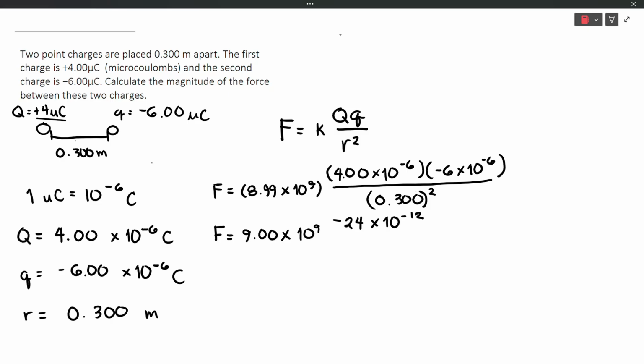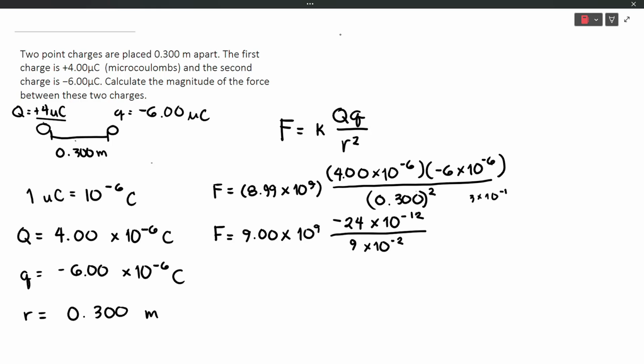And here, writing this in scientific notation, 0.3 is 3 times 10 raised to negative 1. And we're going to square that. 3 times 3 is equal to 9 times 10 raised to negative 2.